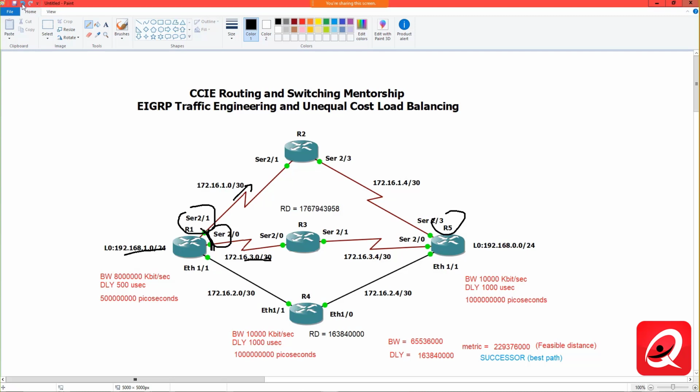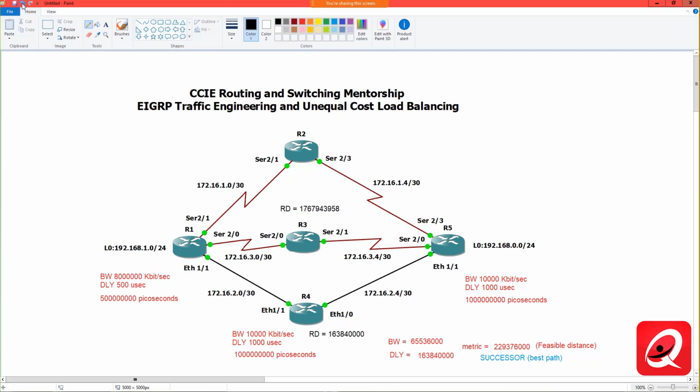Now, if I consider the delays and the bandwidths being used to calculate this path, I know that the worst bandwidth along the path should be less than 10,000 kilobits per second, right? Or should be better than 10,000 kilobits per second.